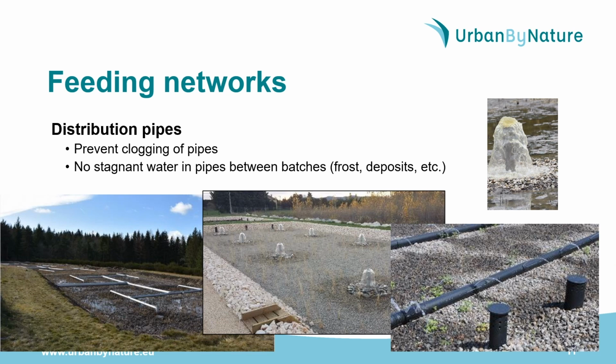In all cases, the distribution pipes are designed and implemented to prevent all risks of water accumulation between batches, which can lead to freezing in winter or clogging due to deposits accumulation.